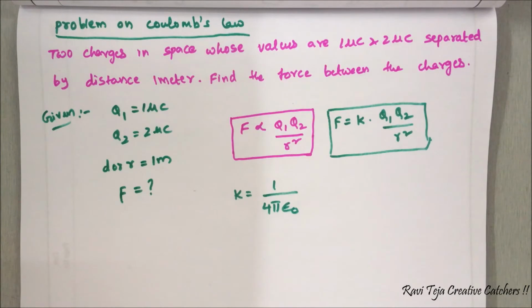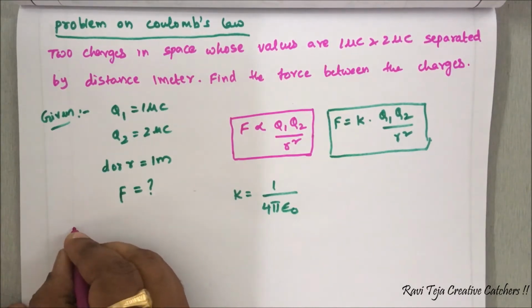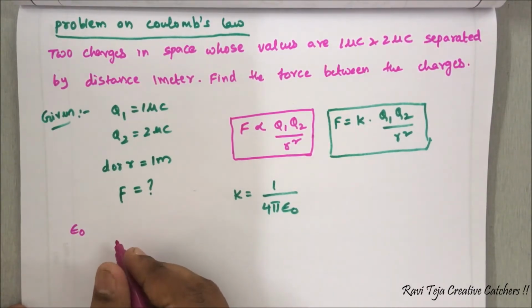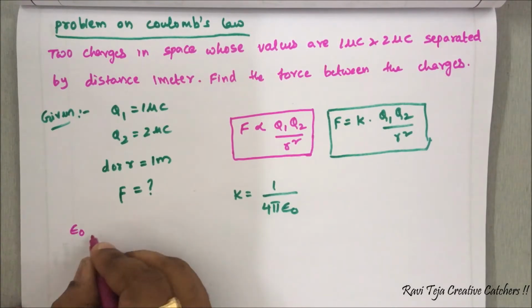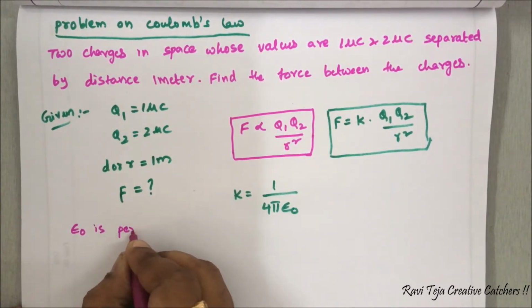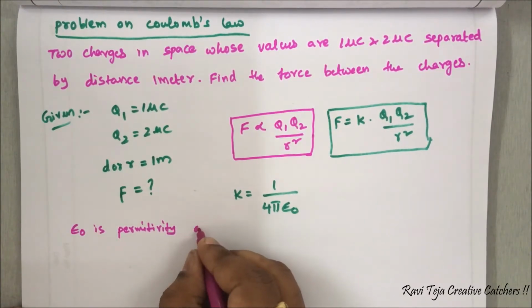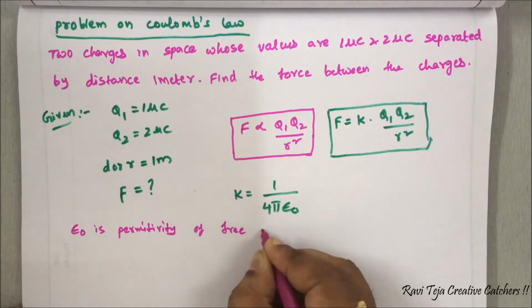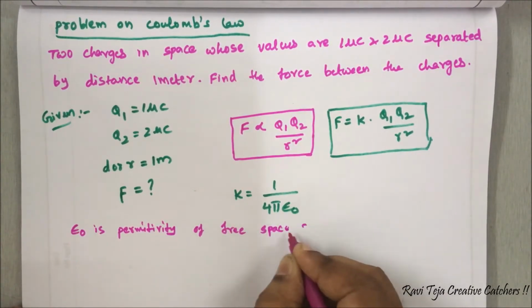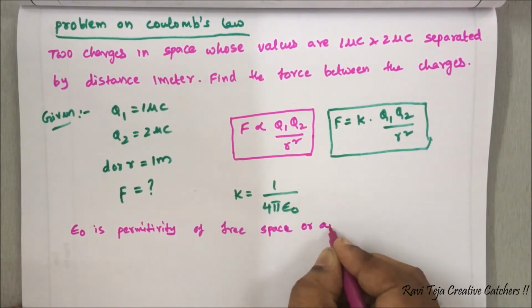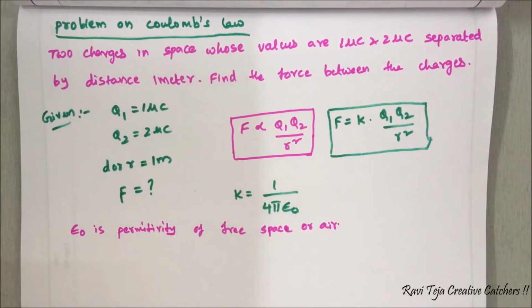Now we have a value for this epsilon naught, which we have already seen in the Coulomb's law statement. Epsilon naught is the permittivity of free space or air, right? The value of epsilon naught is a predefined value, you need to remember that.